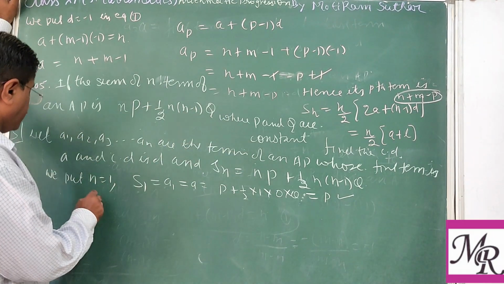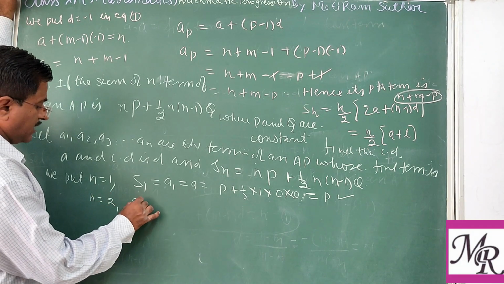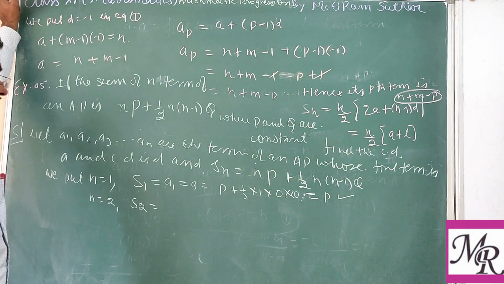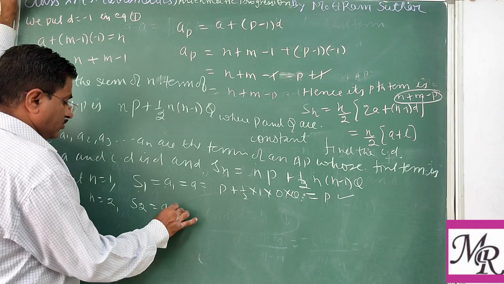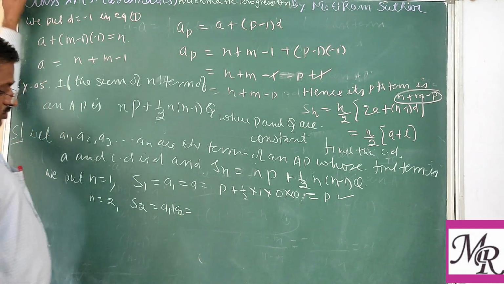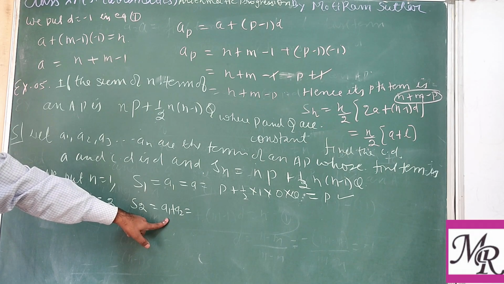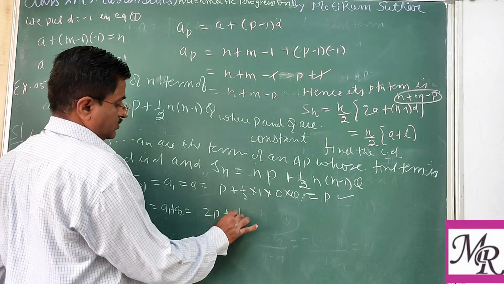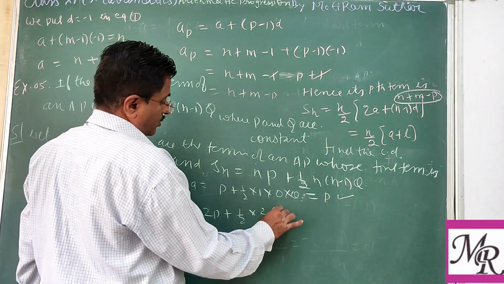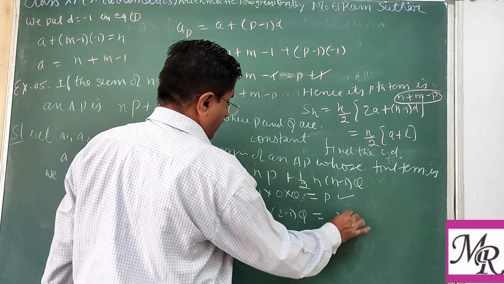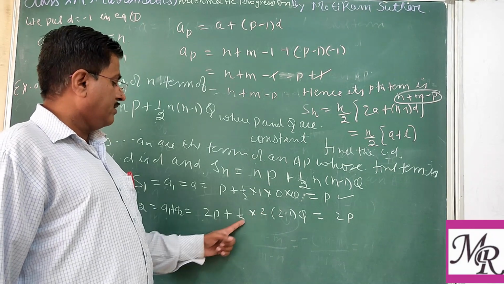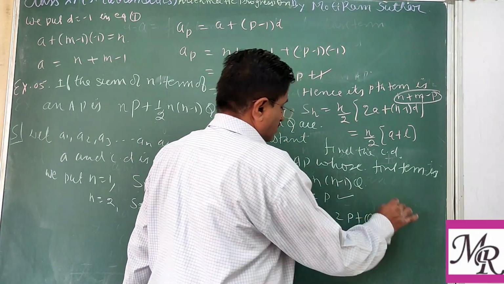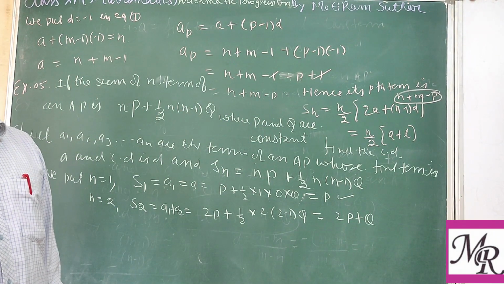Now similarly, if you put n equal to 2, that is S2, the sum of the first and second terms, A1 plus A2. So put here 2 into P plus 1 by 2 into 2 into (2 minus 1) into Q. Now simplify: 2P, plus 2 divided by 2 is 1, into 1, into Q, that is Q. So this is the sum of the first two terms.